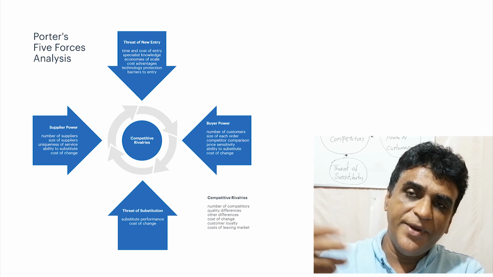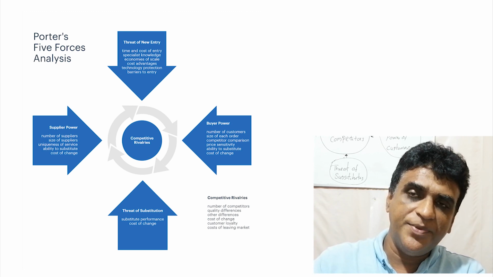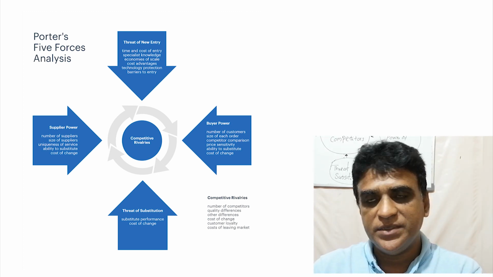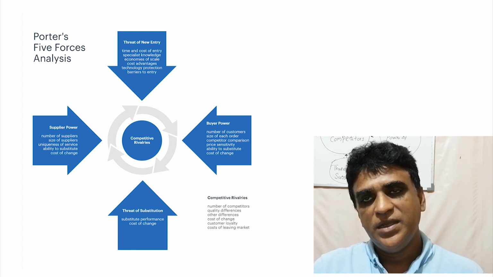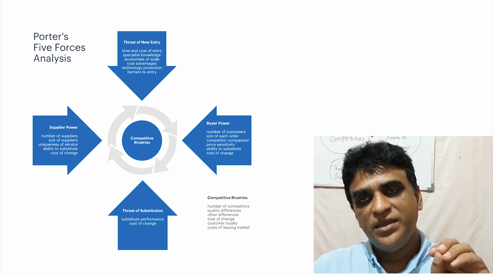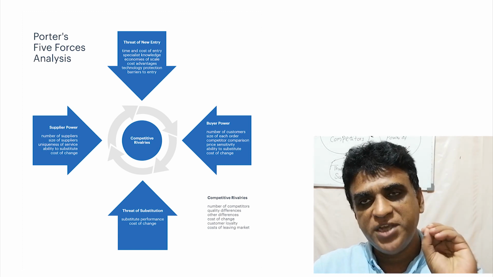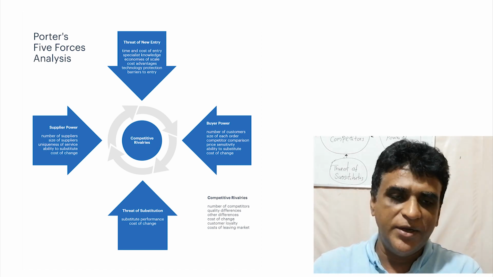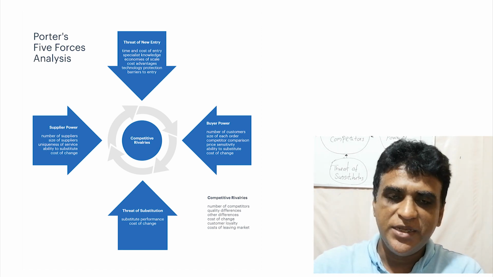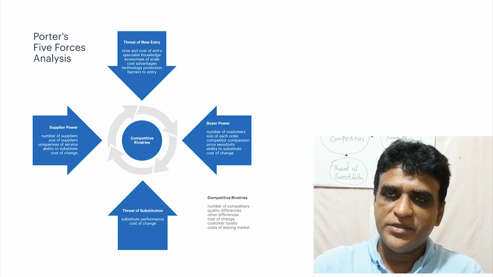Competitors can easily start a business and compete. If that is not easy, if it needs a huge capital, then that threat is at a very minimum level. Right? Second is the potential of new entrants, the threat of new entries.